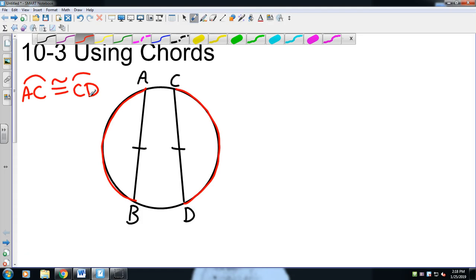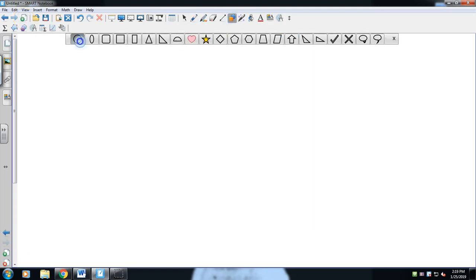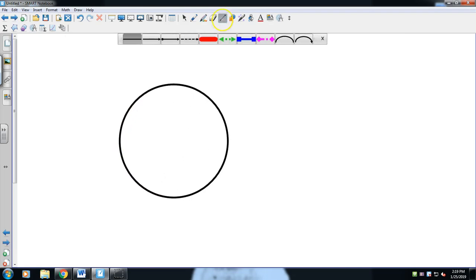So now we're going to look at a perpendicular bisector. And so let's draw us up a circle here. Let's say I have something like this.